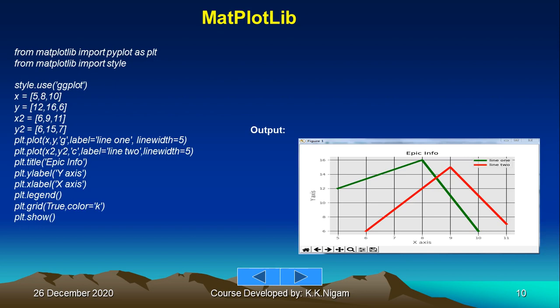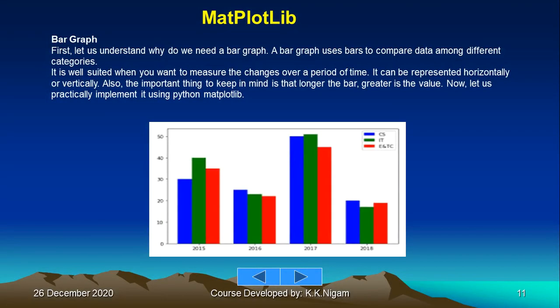Then plt.grid, you can see a grid also in the background, that also has created. And then plt.grid true, that is color is equal to k, right? So when you plot that graph with plt.show, you can see a graph coming like this as it is shown on your screen. So that is how you can make different types of graph.